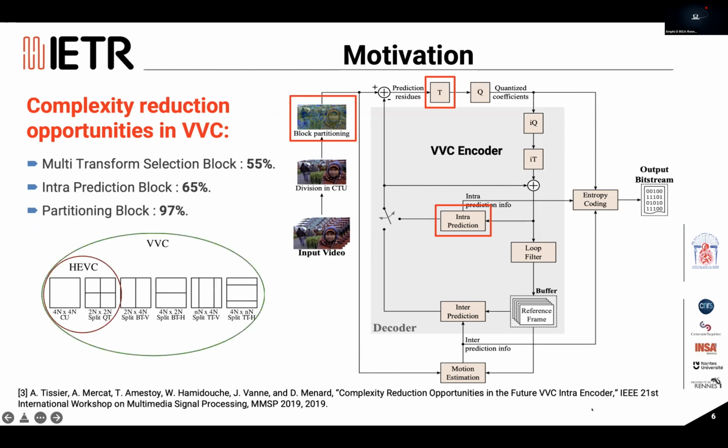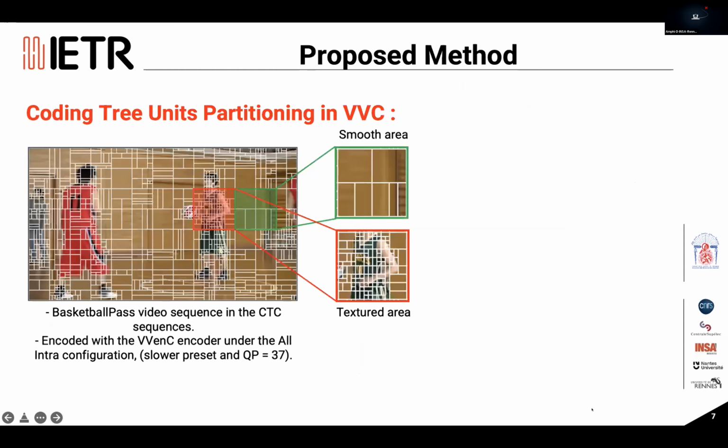So we focused on this last one, the partitioning block in VVC. Here we can see the first frame of the BasketballDrill video sequence in the common test condition sequences. It was encoded by the VVenC encoder with the slower preset in the all intra configuration and a quantization parameter of 37.